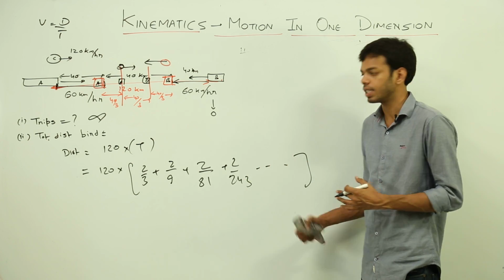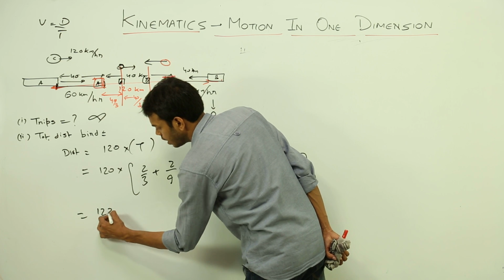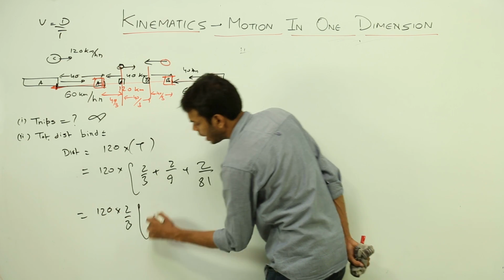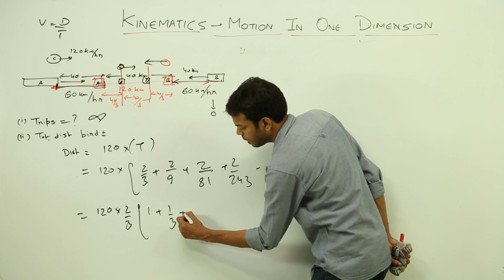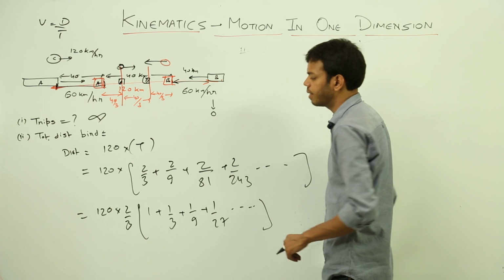We never reached the answer. So this is basically a geometric progression. If I take 2 upon 3 common out, I will be left with 1 plus 1 upon 3 plus 1 upon 9 plus 1 upon 27, and so on up to infinite terms.